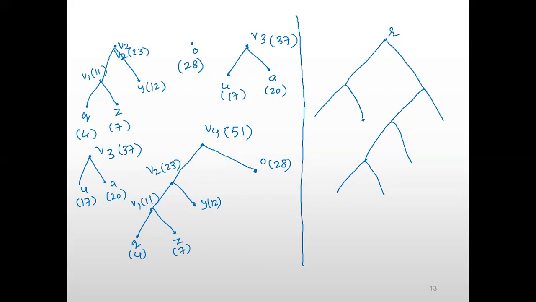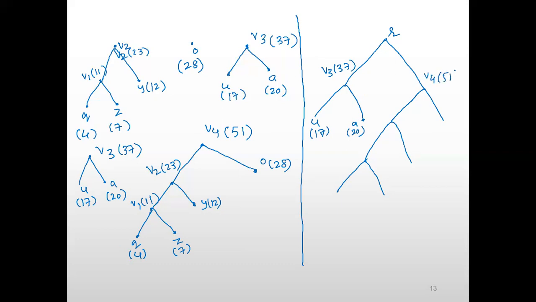two weights 37 and 51. So V3 is 37, retain the structure U 17, E 20, and next V4.